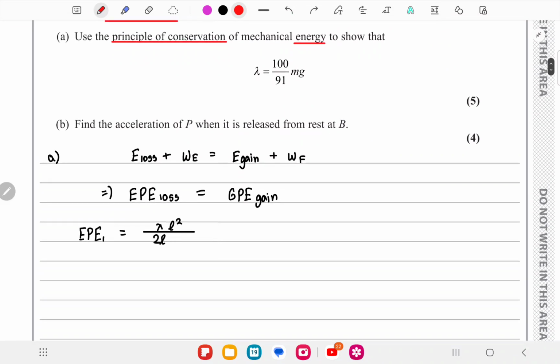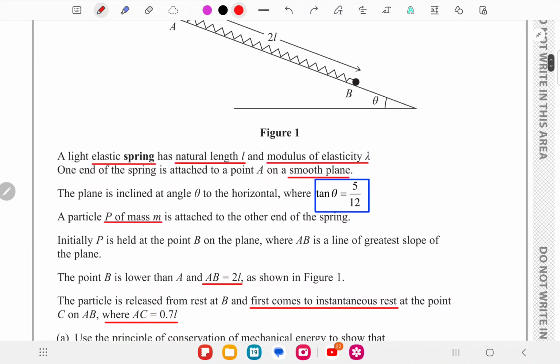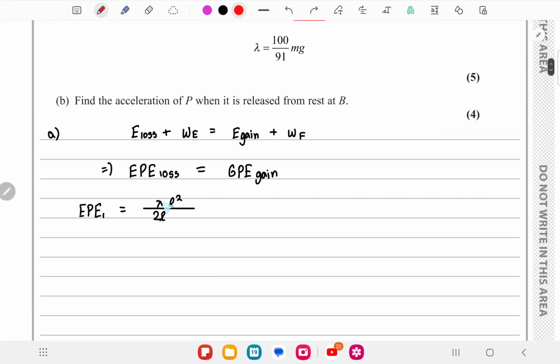So the initial elastic potential energy when the ball is at B is lambda L squared by 2L. It's basically the modulus times the extension squared divided by 2 times the natural length. And when it's at C, its final elastic potential energy is lambda into 0.3 L whole squared by 2L.